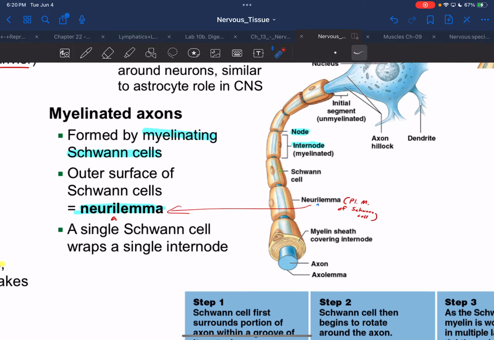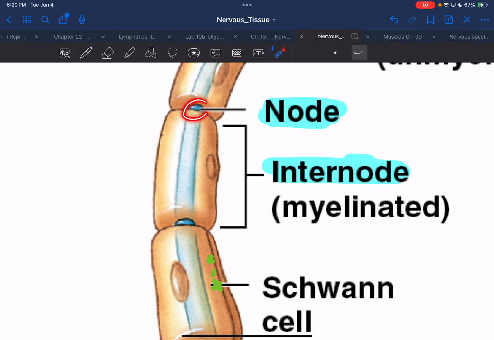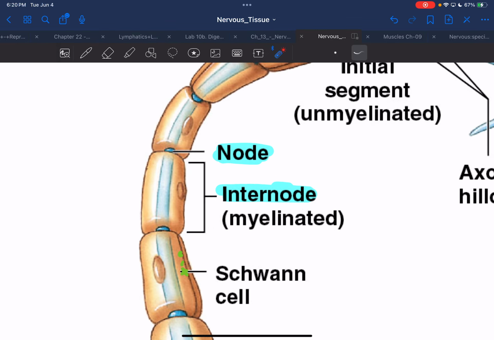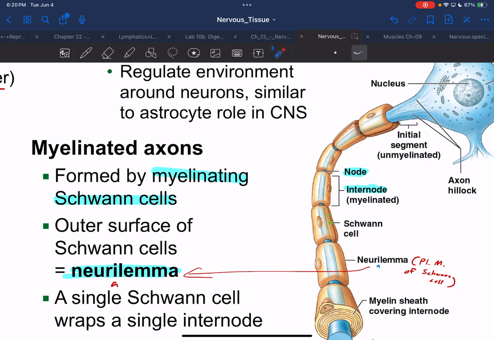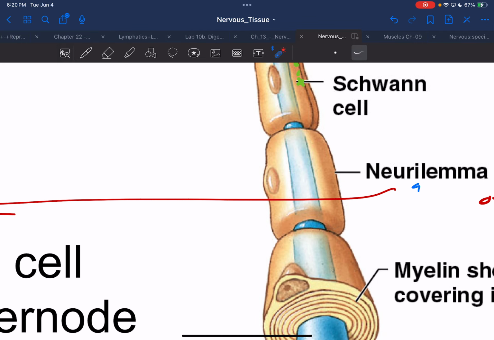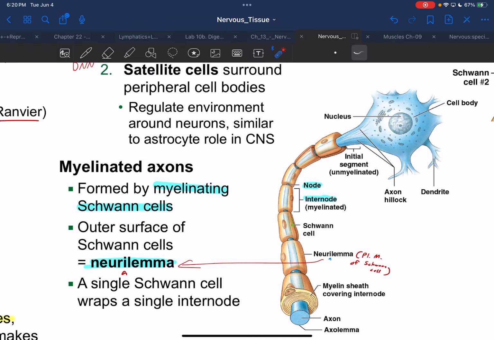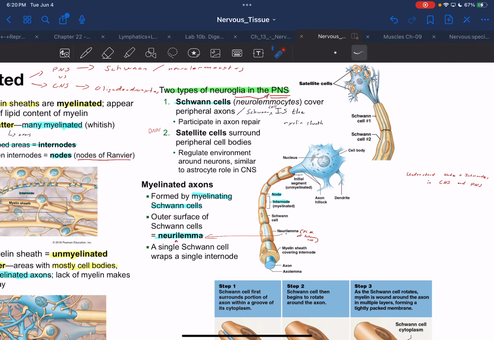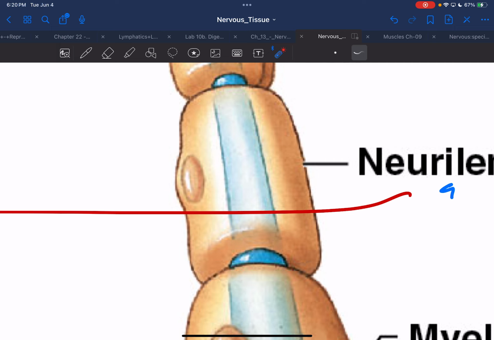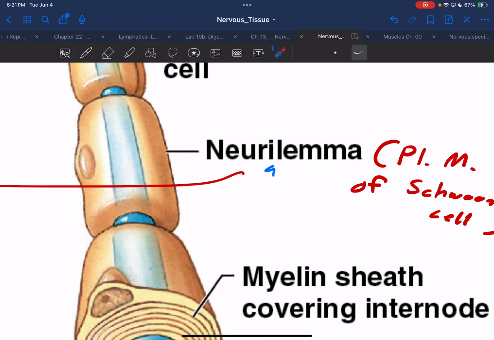The only last thing to add, nodes and internodes exist in Schwann cells as well, but it works the same way. Gaps, and space between the gaps, internode. You'll notice that each one of these Schwann cells is a cell, and it's called the neurolemmocyte. And then just like the word axolemma was the plasma membrane of the axon, this neurolemmocyte has a plasma membrane, and it's called a neurolemma.